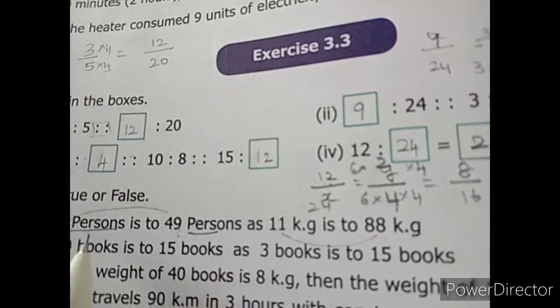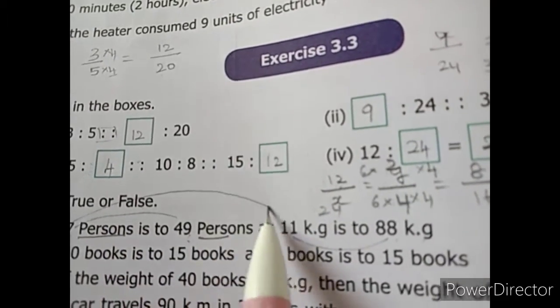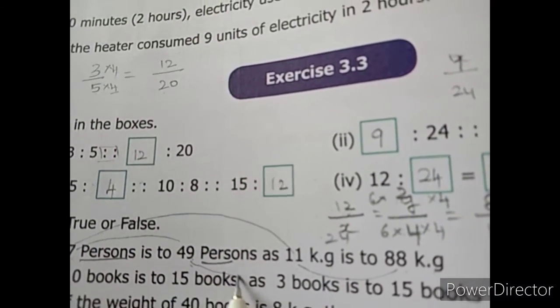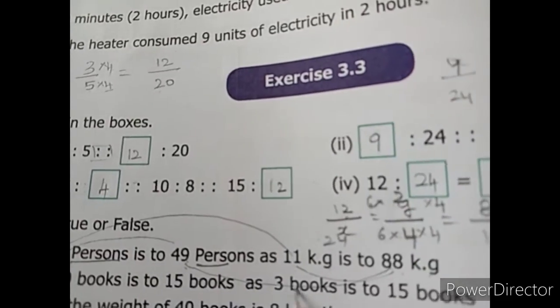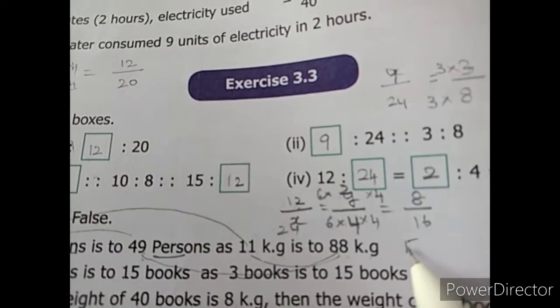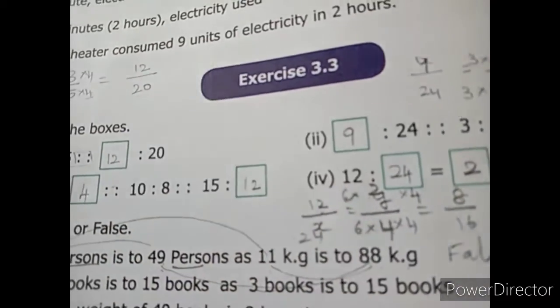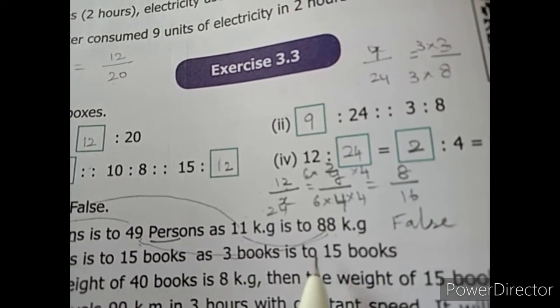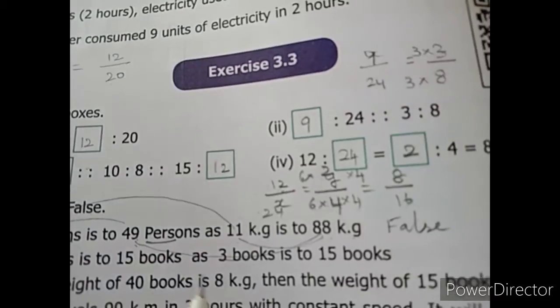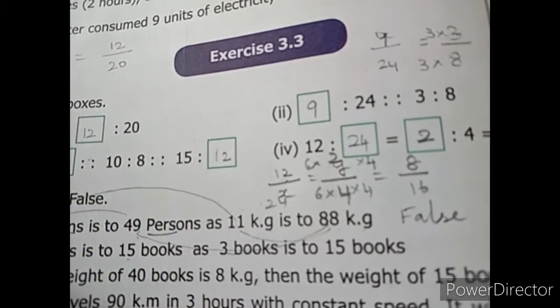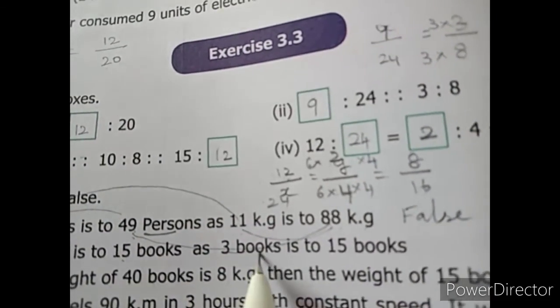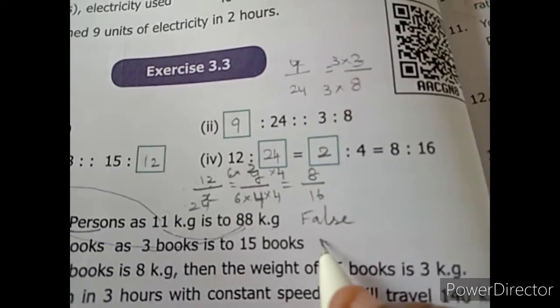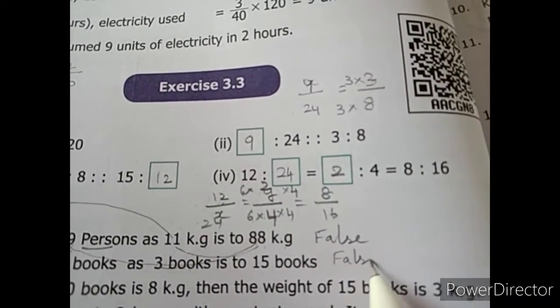But it should be like this, no. So 7%, 11, 49%, 88 kg. So the answer is false. 10 books is to 15 books as 3 books is to 15. So it will not be 15 for 10 and 3 will not be the same. So the answer for this also is false.